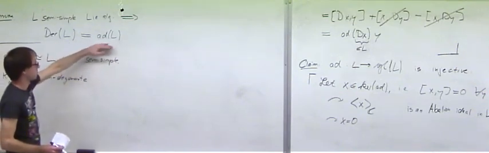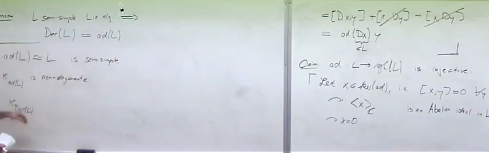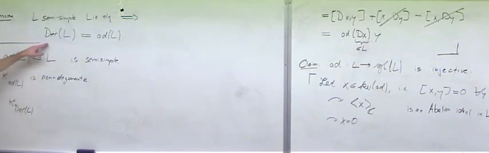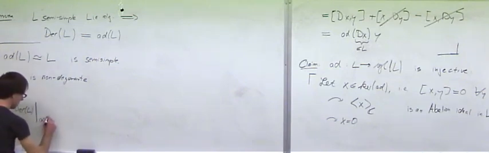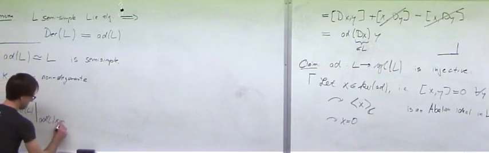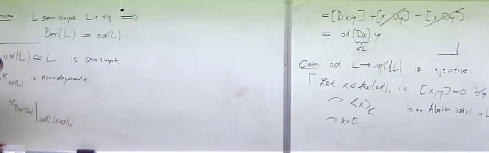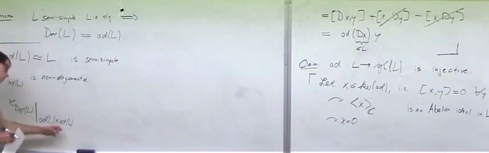This is some subalgebra of Der L. So what we can do is take the Killing form of the larger Lie algebra, restricted to ad L times ad L. So we just allow as arguments pairs of vectors contained in the smaller Lie algebra.